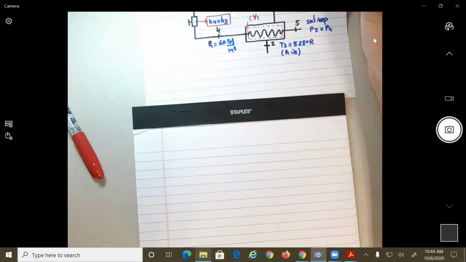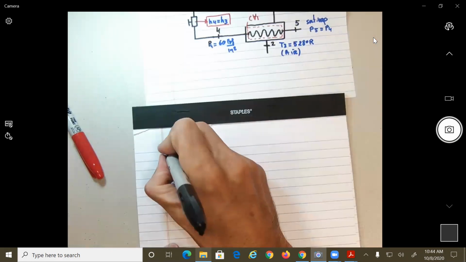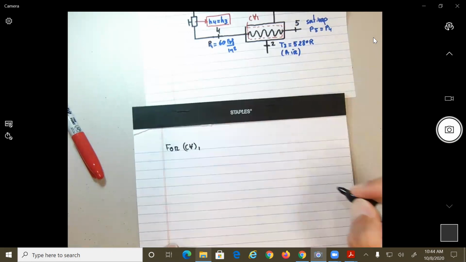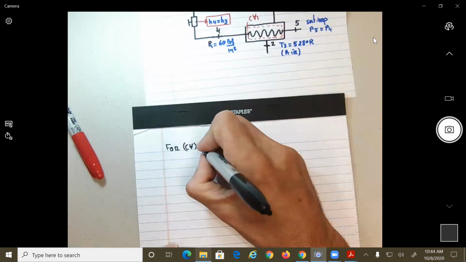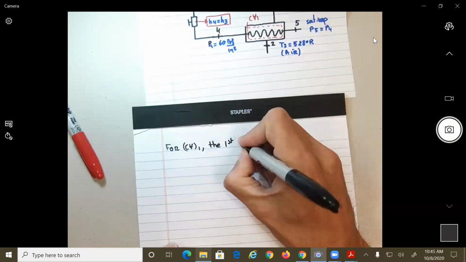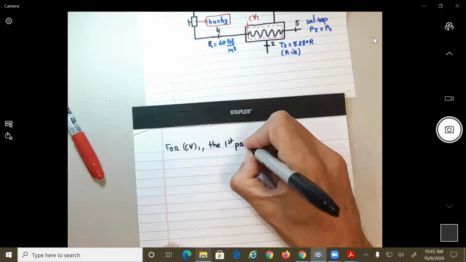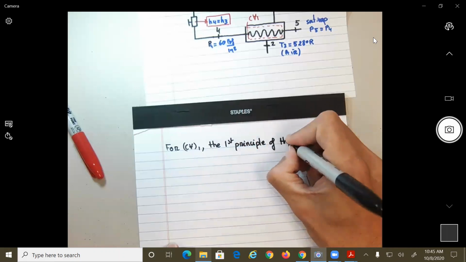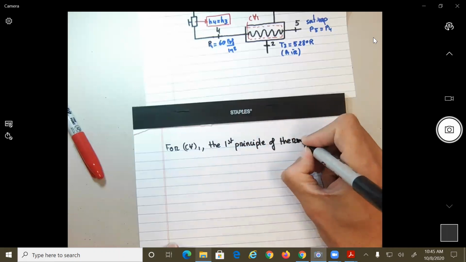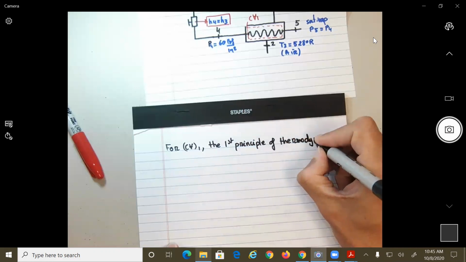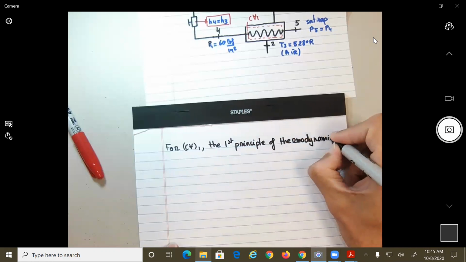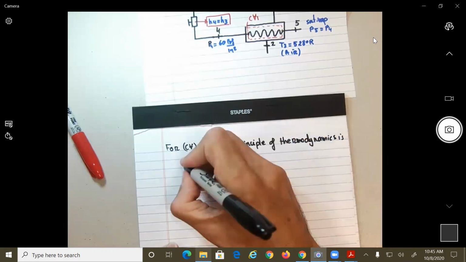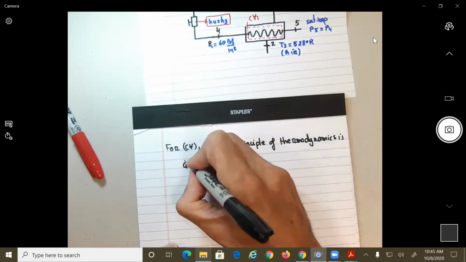So for control volume 1, the first principle of thermodynamics is what? So let's say the general expression will be Q minus work.